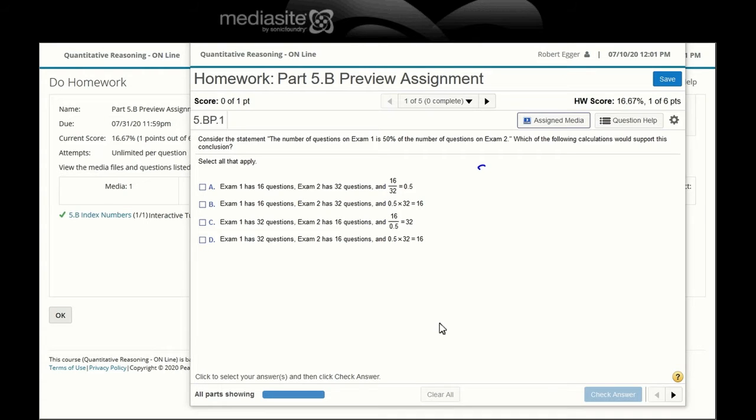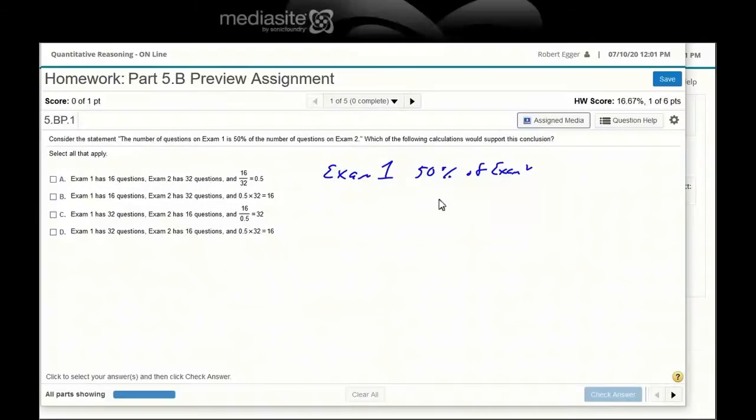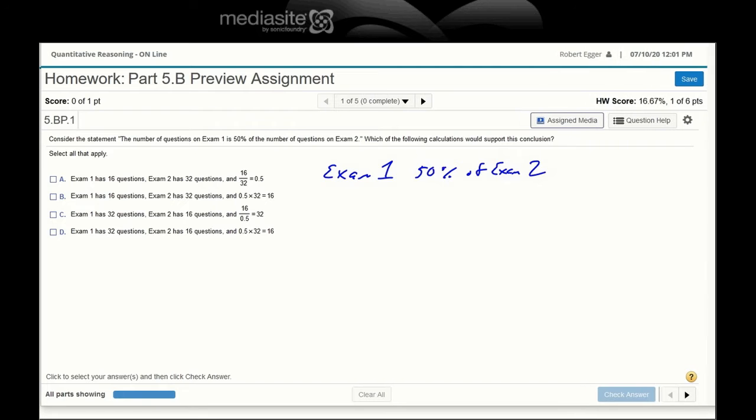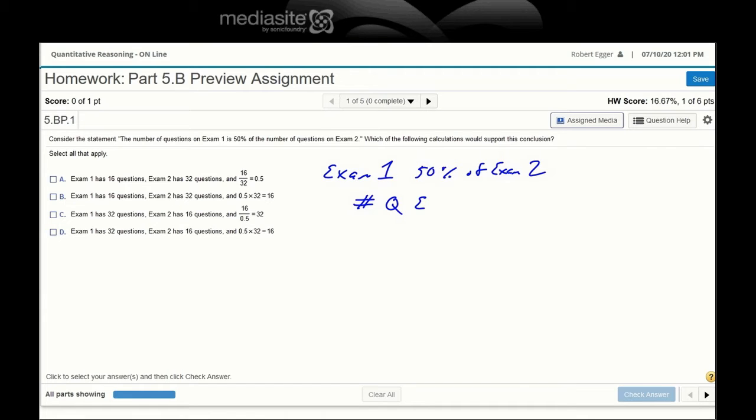Again, exam 1 is 50% of exam 2, which means the number of questions on exam 1 is less than the number of questions on exam 2.